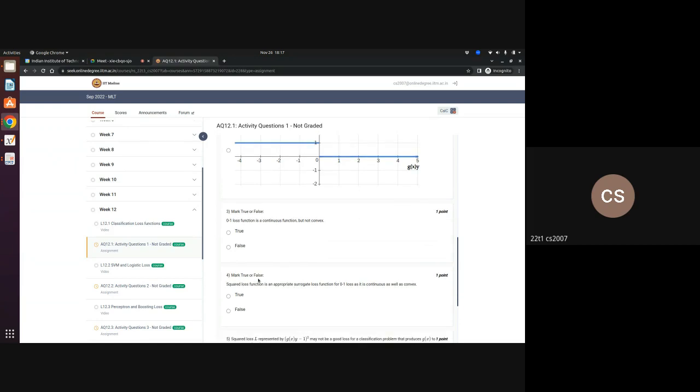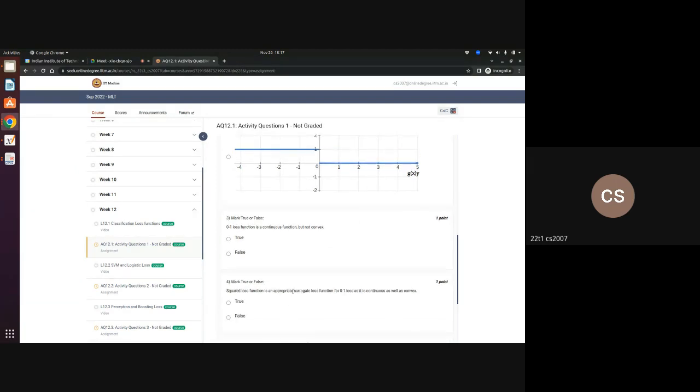One of the functions we are looking at is the squared loss function. As we know, in regression we use squared error, and that's a continuous as well as convex function, and hence we can happily apply gradient descent on that and get the global minima. So we are asking: can we apply a squared loss here in case of classification? Can it work as an appropriate surrogate loss function or not?